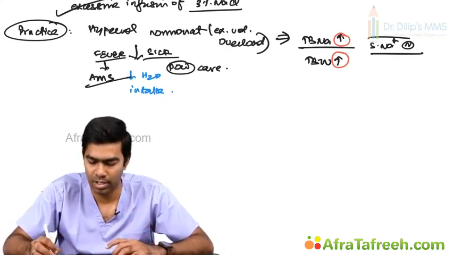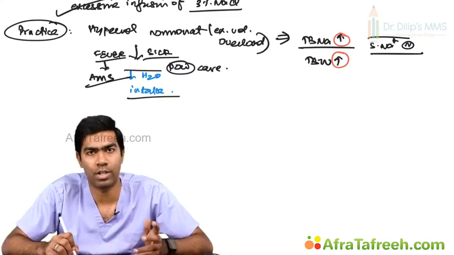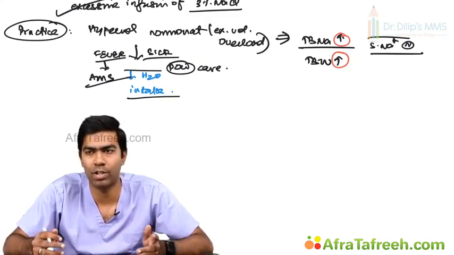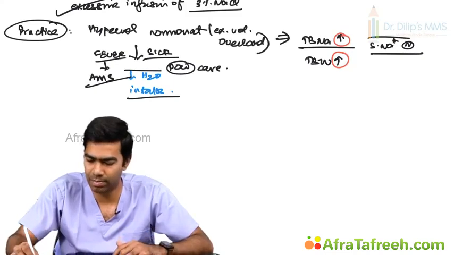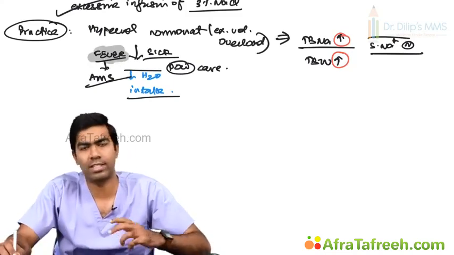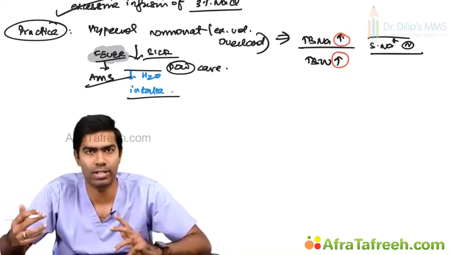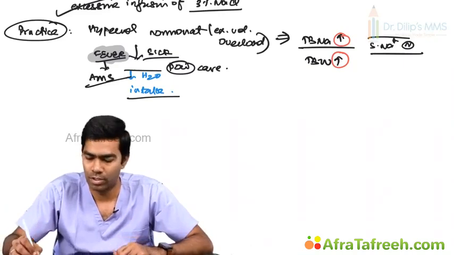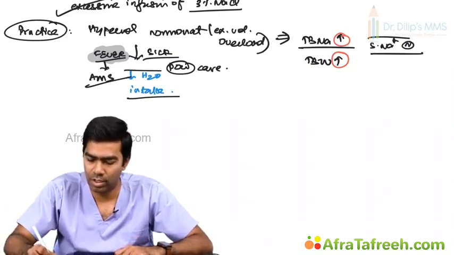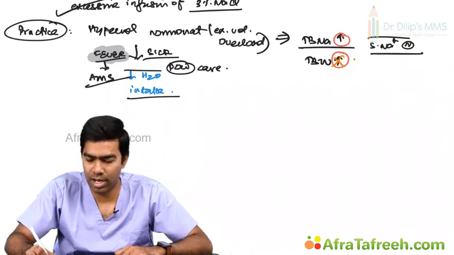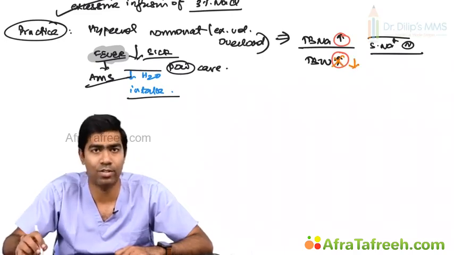Slowly they are going to go for hypodipsia or adipsia, which means water intake will reduce because they don't drink. At the same time, a patient who is having fever will have excessive insensible water loss. They're going to lose more and more water through the body heat itself. So what will happen is the total body water will start decreasing.